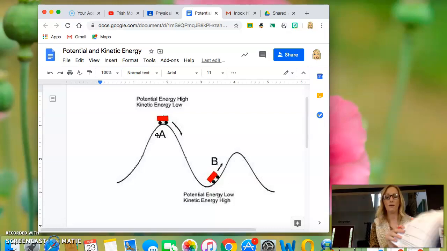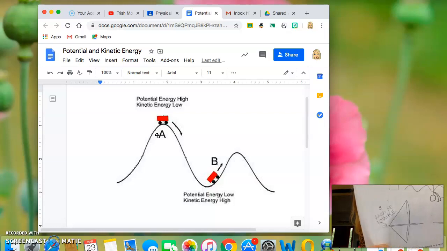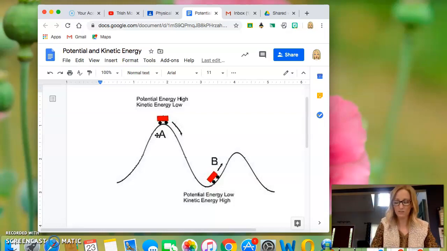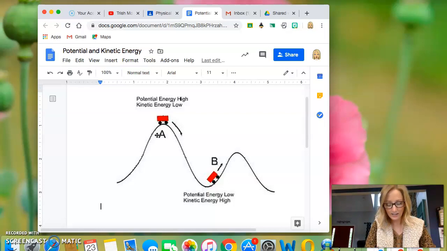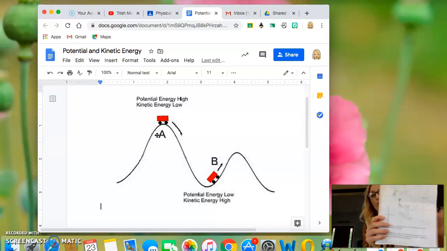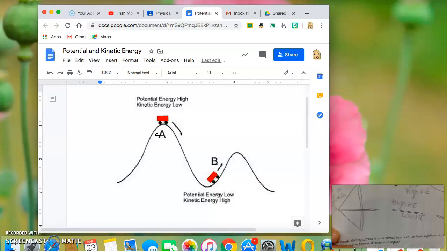I'm going to label that like so. And then once it's released, you can pick one of the arrows to write it on, that's when it's going to have a high kinetic energy, or high KE, and a low potential energy, or low PE.